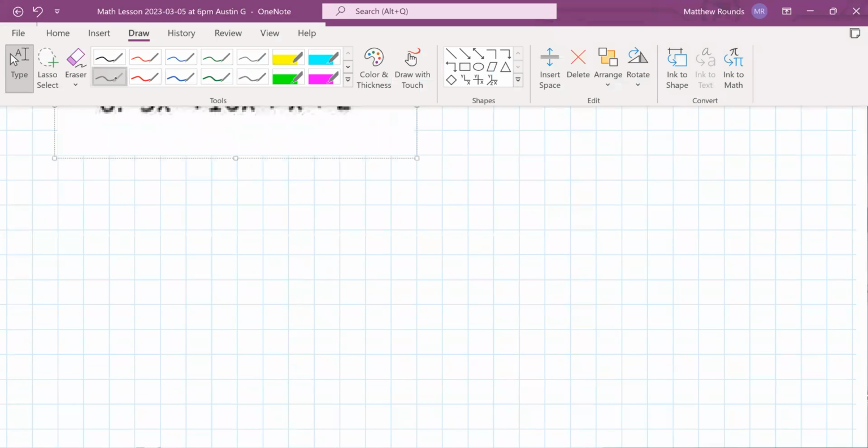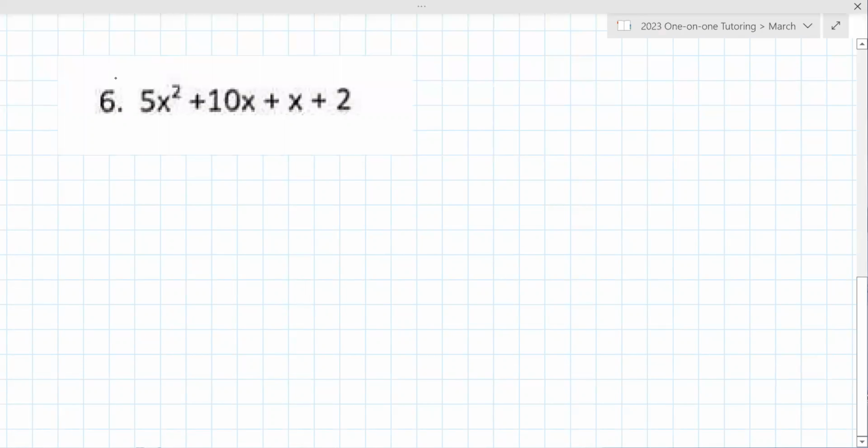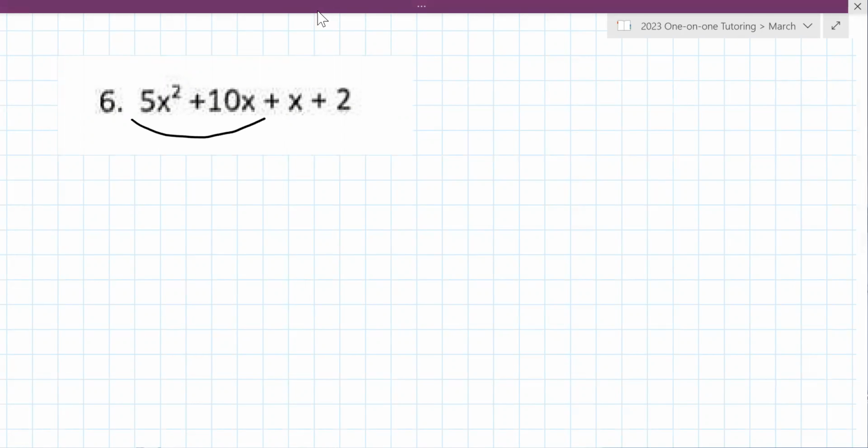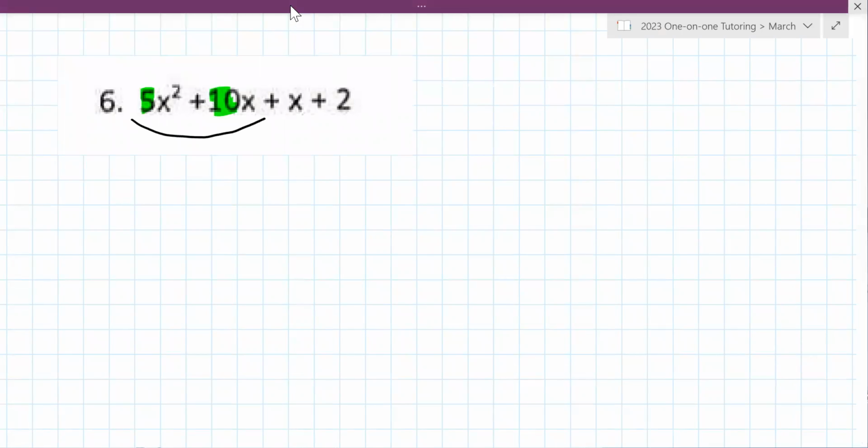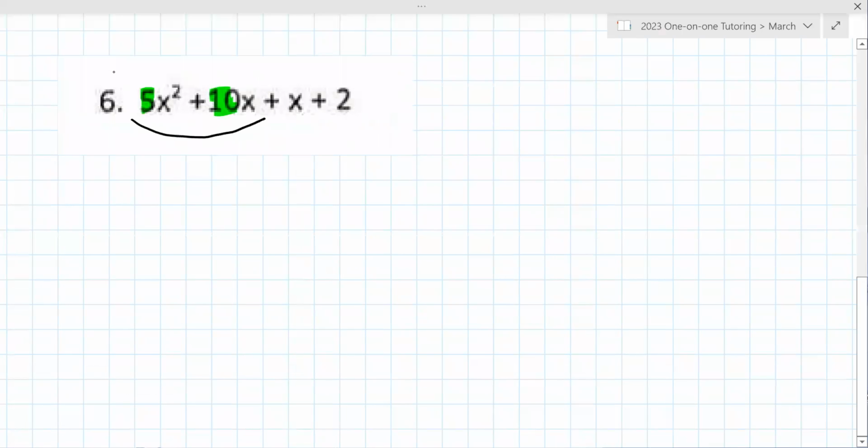Okay, so the greatest common factor would be... would this one not have a greatest common factor, or would you look at like the leading coefficient? Yeah, you look at the 5 and the 10 first. What's common? What's the biggest number that goes into 5 and 10? 5.